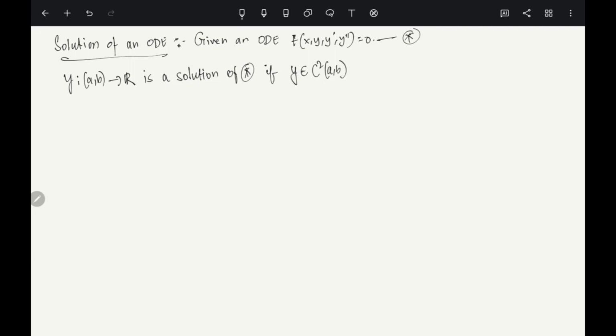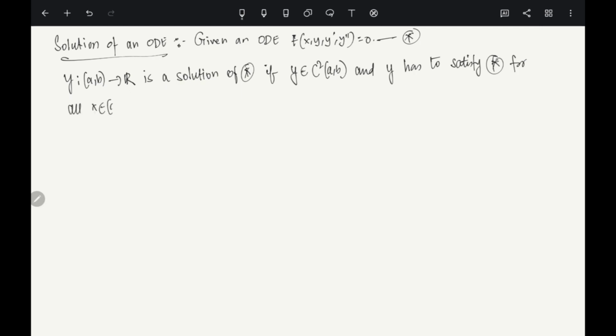So first, y has to be at least twice continuously differentiable in (a,b), and y has to satisfy star for all x in (a,b).